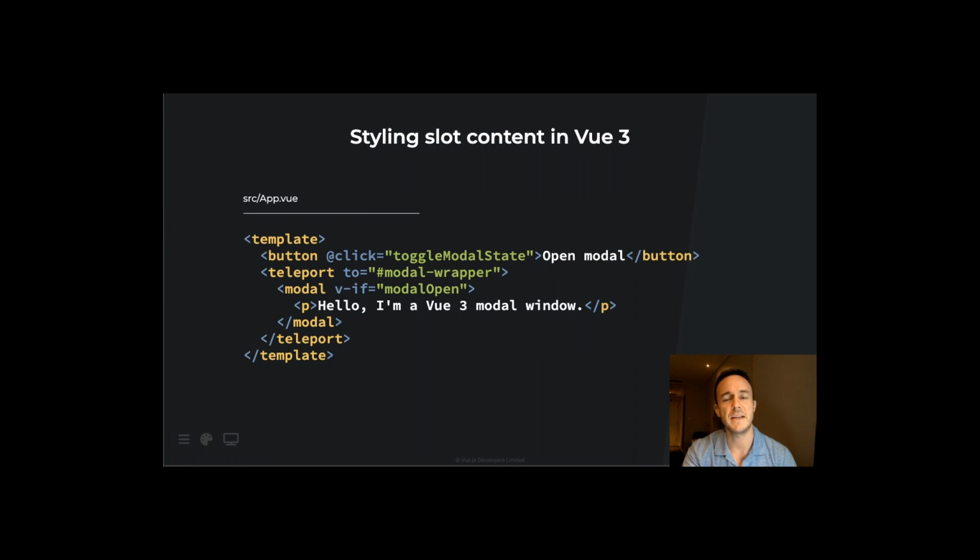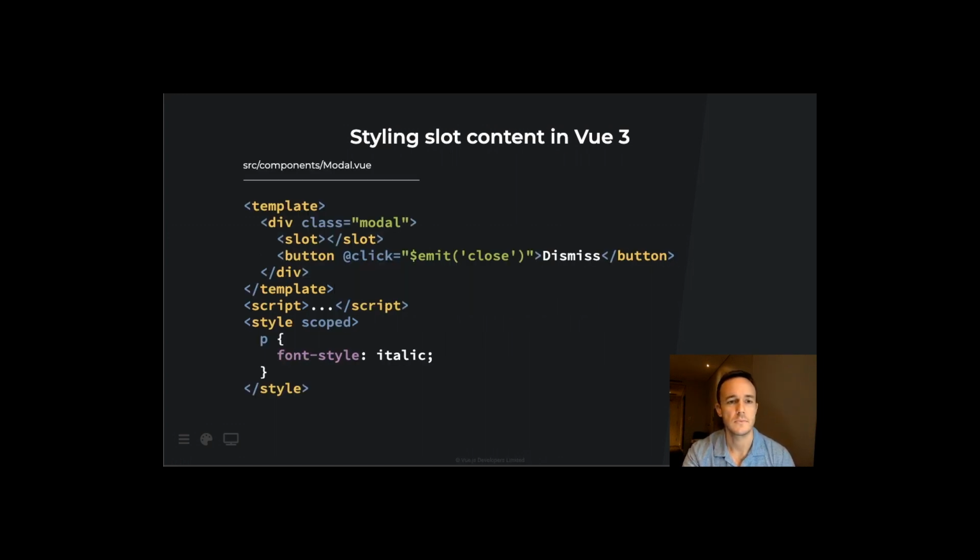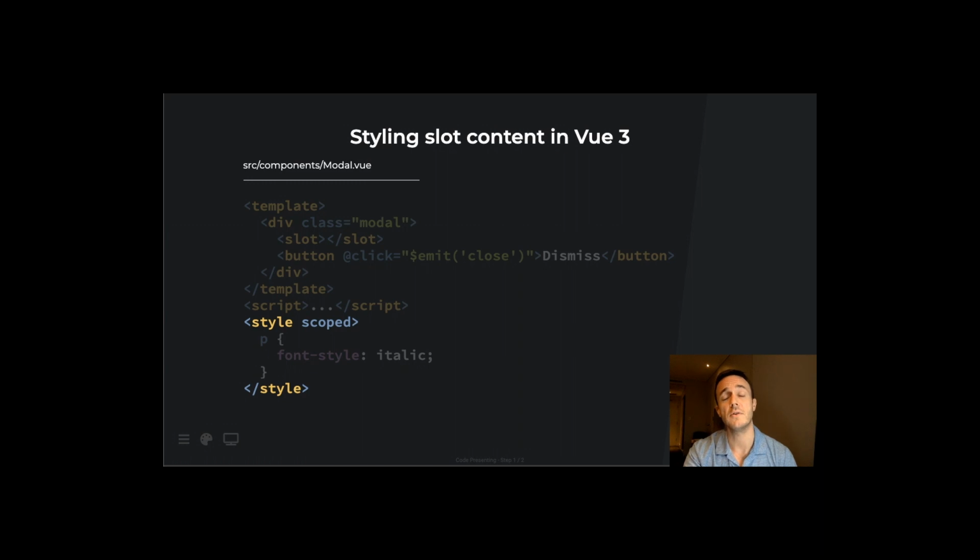Now again, to make our modal reusable, we've used a slot for the content. And in the app component, we've put a paragraph tag in the slot. That's the content that we want to use. Now looking back in our modal component, let's just say that we wanted to style the paragraph content that's been put into the slot.